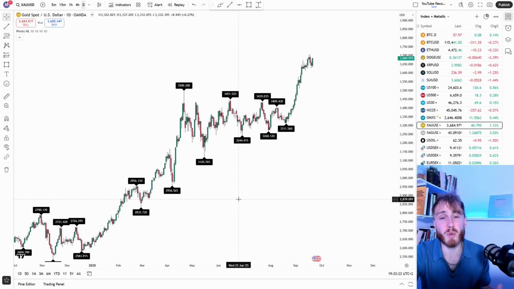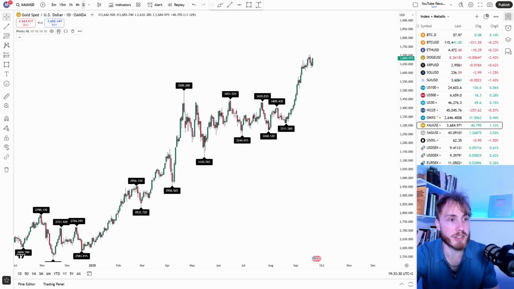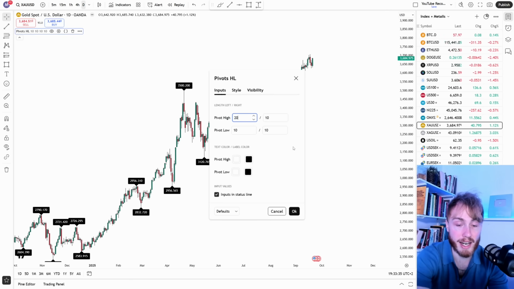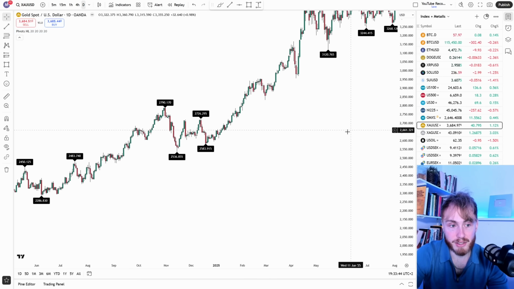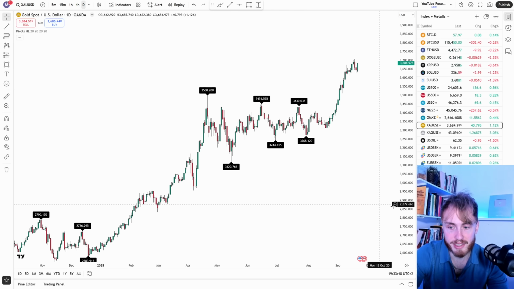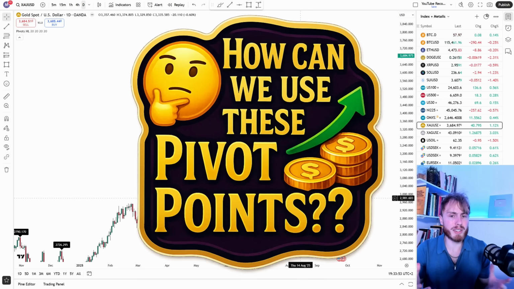So what I like to do in order to find only the most significant points without losing too much information is to actually go up here to the settings tab, and I want to change the pivot high to 20, and I also want to change the pivot low to 20. By doing this, you can see that we have filtered out some pivot points, and now we only have the significant ones.